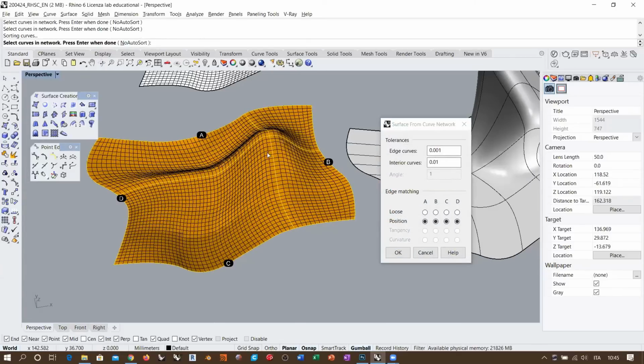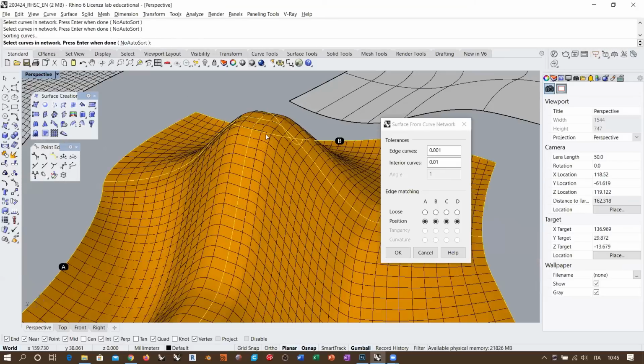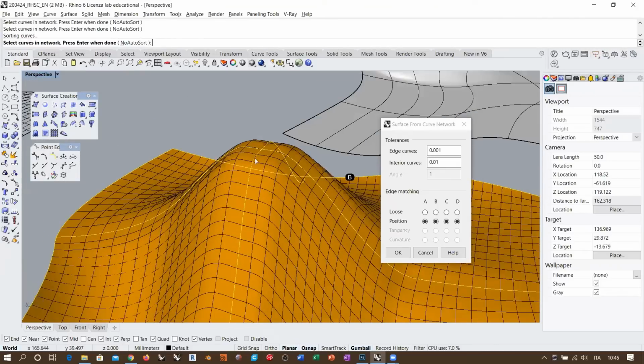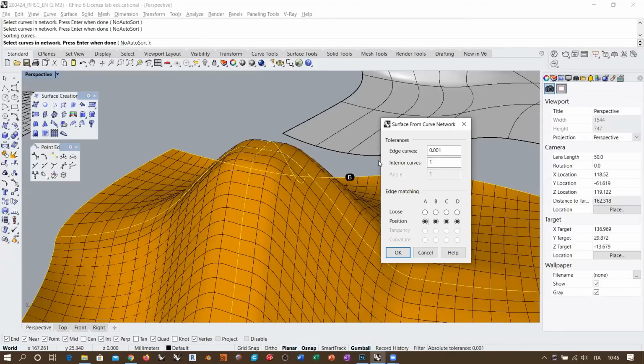Of course, we are creating a bulge because the surface passes through these isocurves, okay, with this tolerance. If I need less precision in this case, just something like an idea of a bulge and not a precise height, I can also use a more permissive tolerance like this.